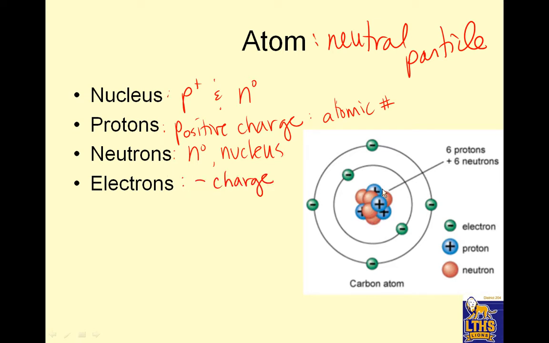Here we have a nucleus. The positives are protons. If there are 6 protons, then it's carbon. 6 neutrons means that whole nucleus has a mass number of 12, because the heavy parts are the protons and neutrons, and there are 12 total. Then look, 1, 2, 3, 4, 5, 6 electrons, so the 6 protons and 6 electrons make it a neutral atom. Atoms are neutral.